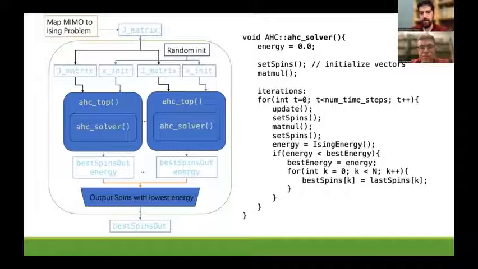And then this is all sent to our FPGA, which runs the solver and then outputs the best spins, which we can then send back to the CPU. So here on the right, we can see the software implementation of this.